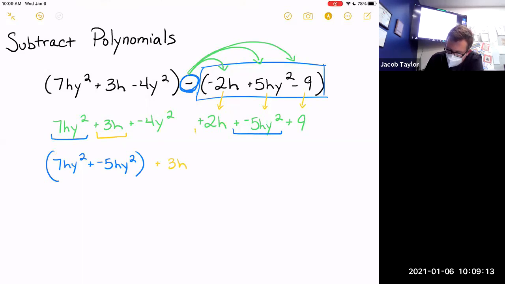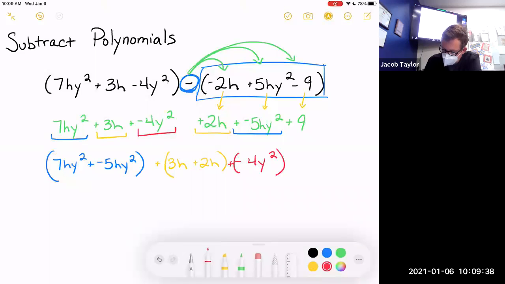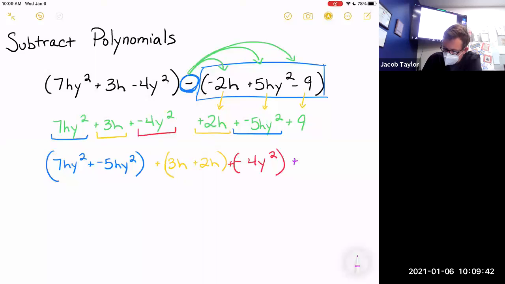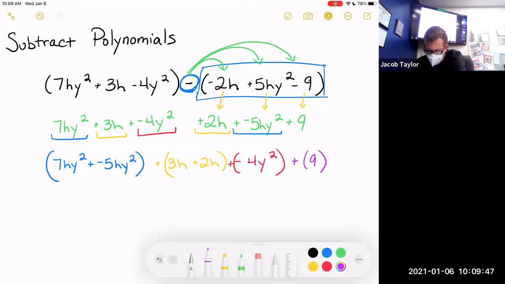We got a 3h and a 2h. We've got a minus 4y squared. Nothing else in the problem has y squared. So the poor negative 4y squared guy's got to live all by himself. Tragic. And so does 9. Is the 9 negative? It is not.